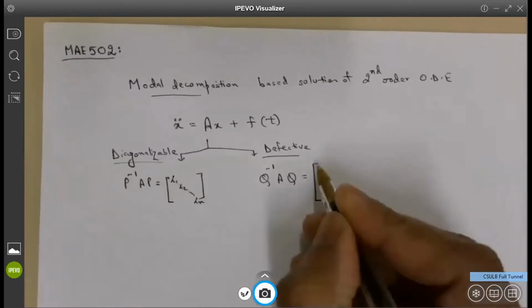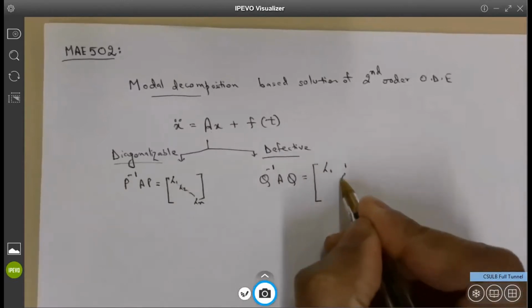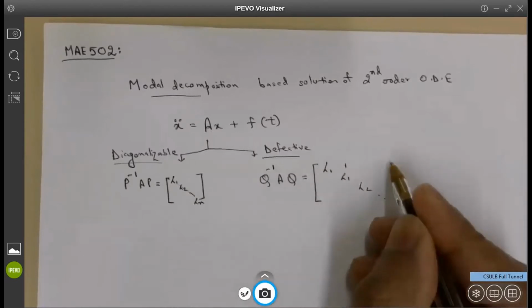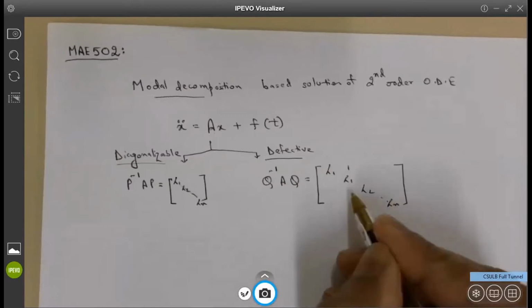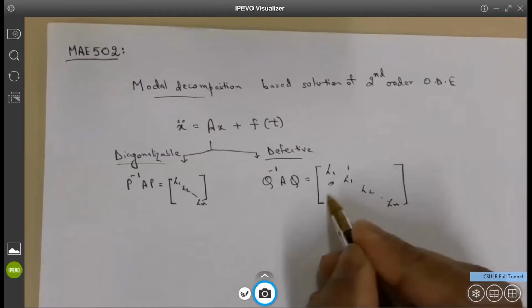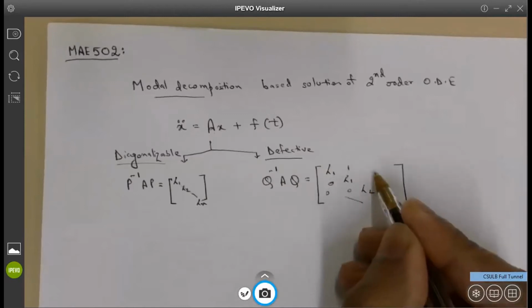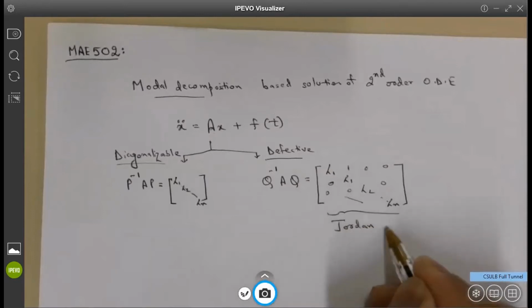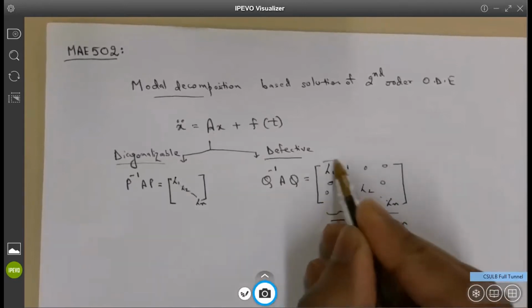So here we actually got a Jordan form where this is called a Jordan block.